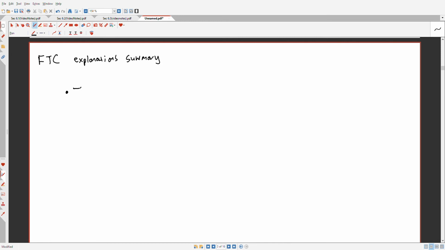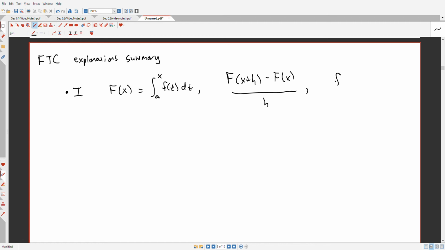For part 1, we carefully manipulate this integral definition. Right, so we form this thing and looked at it very carefully. And we use the fact that f is continuous and therefore bounded. As h went to 0, those bounds became the same number. Those were sort of the ingredients.